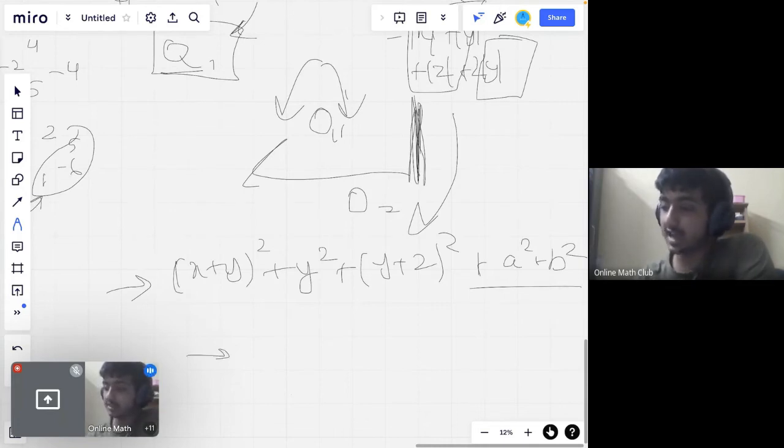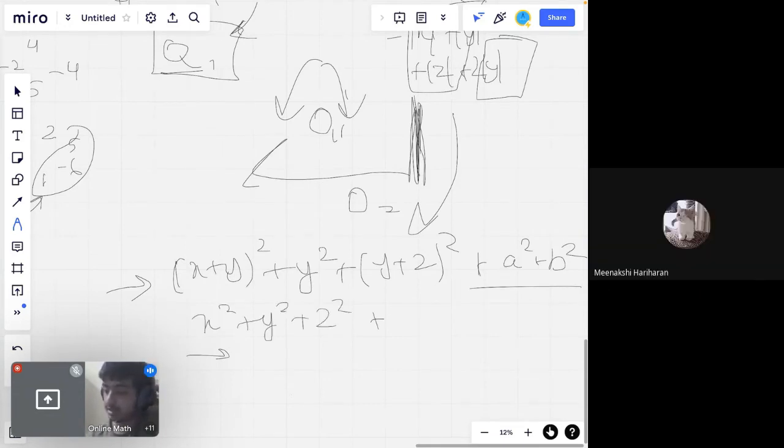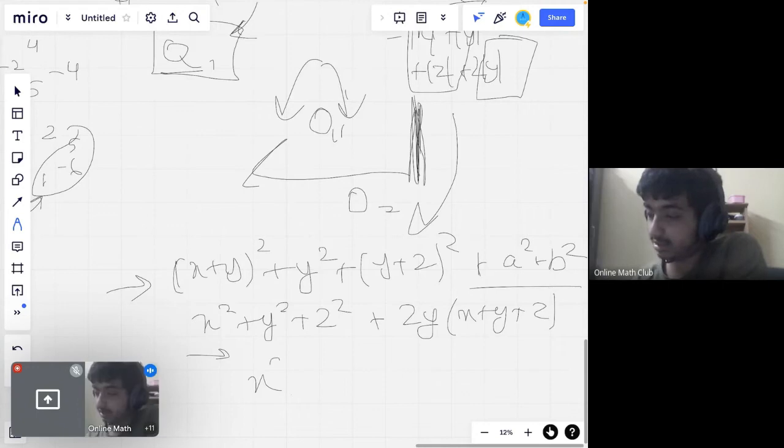But we're seeing if this has any other nice properties. This is x squared plus y squared plus z squared, but when you square them you get two xy's and two yz's and all that. This is the original q1 and q2 is this.